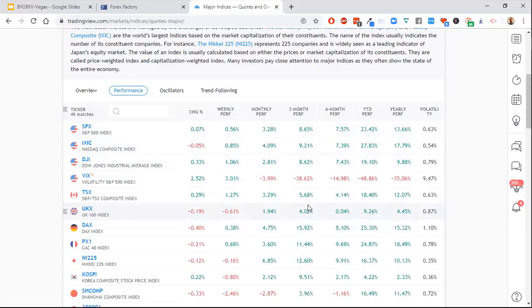Now, the important thing to take note of about SPS 500, NAS 100, and US30 right now is that it's been on a continuous uptrend, okay? Even in the past couple of weeks, we've continually been breaking previous highs, okay? Yes, we want to go with the trend overall, right?